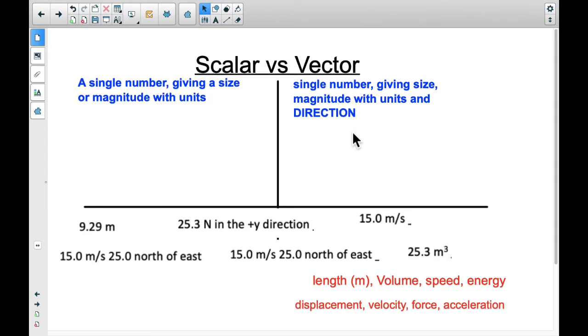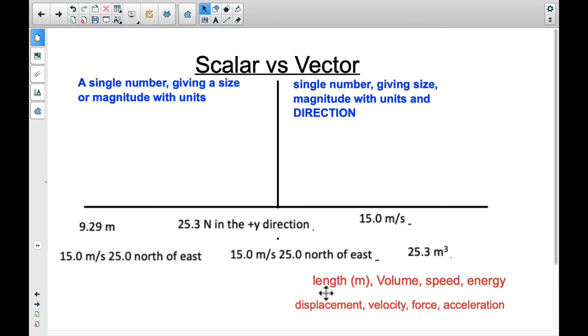So rather than just 10 meters, we would say 10 meters to the west. Now it's a vector. And so just saying 25 miles per hour, we say 25 miles per hour to the north, then it is a vector. So the difference is scalars are just a plain old number, whereas a vector has direction. That is the main distinguisher between the two.